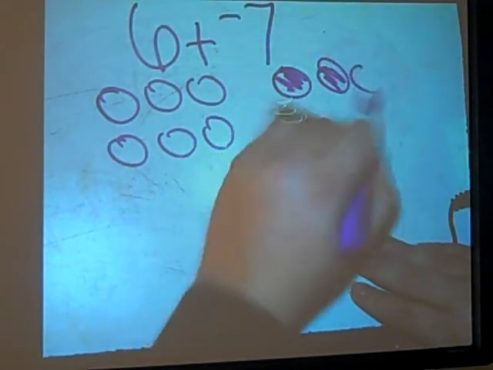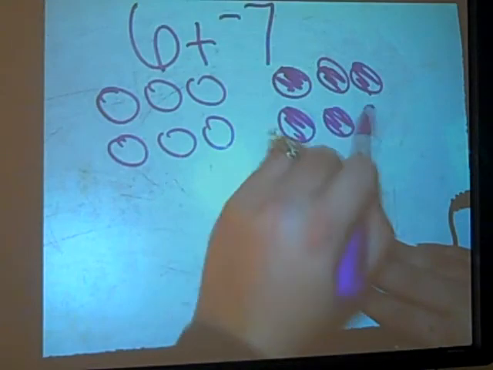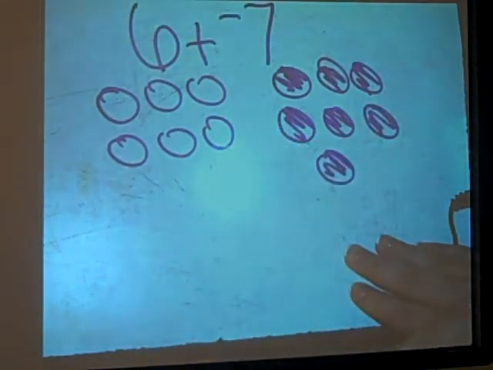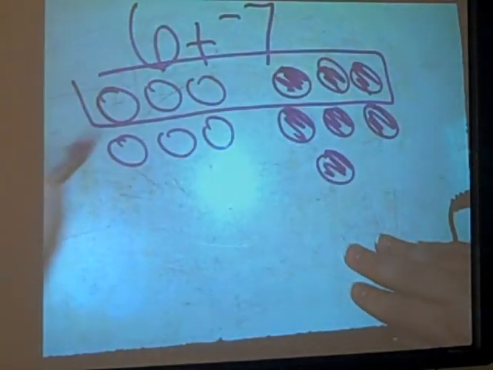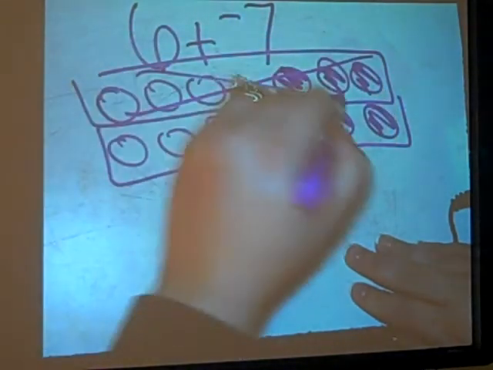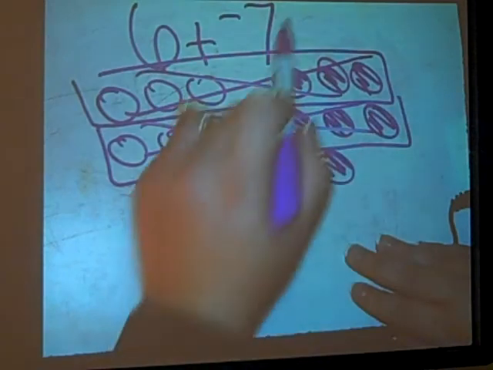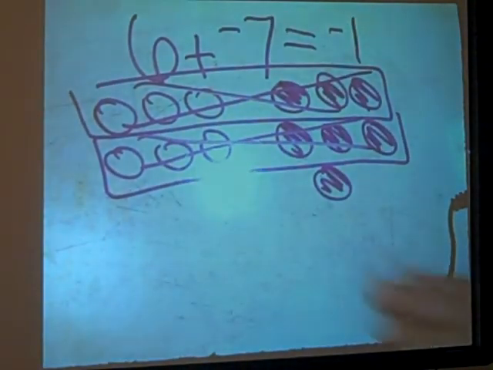I'm going to see 7 shaded in. So there's 7 shaded in circles. Create 0 pairs. Well, we have 3 and 3 here, 3 and 3 there. They all cancel each other out. And we have negative 1 that's left over. So your solution should be negative 1.